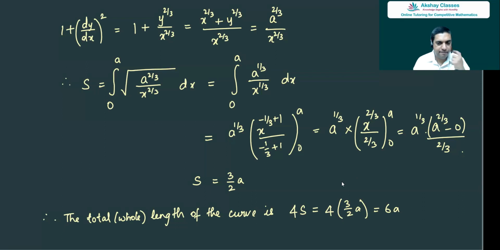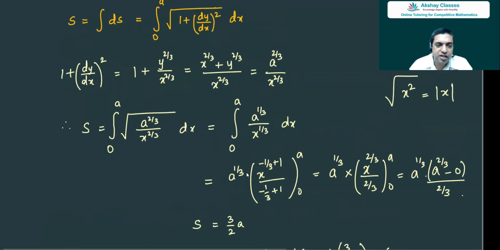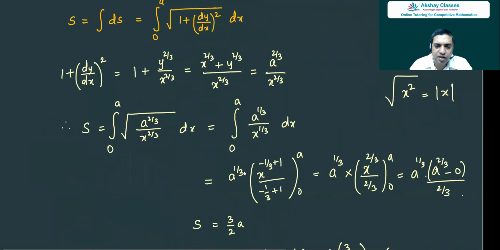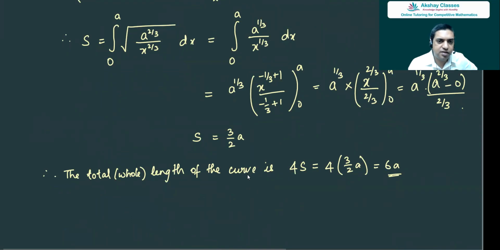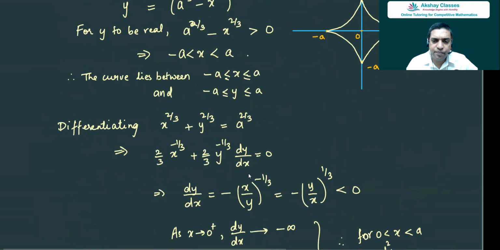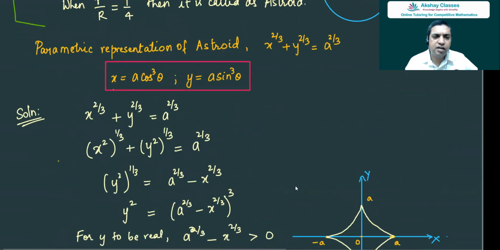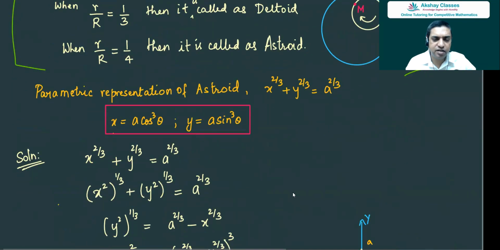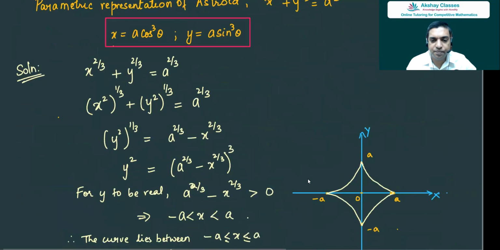This is the total length of this curve. So this curve was in the first quadrant that we found. Clear? So it is a matter of just understanding. It is important if we can remember this curve, it is best, because this is one of the standard curves. It is not a new curve. It's an age-old curve, very standard curve. We can remember this curve.